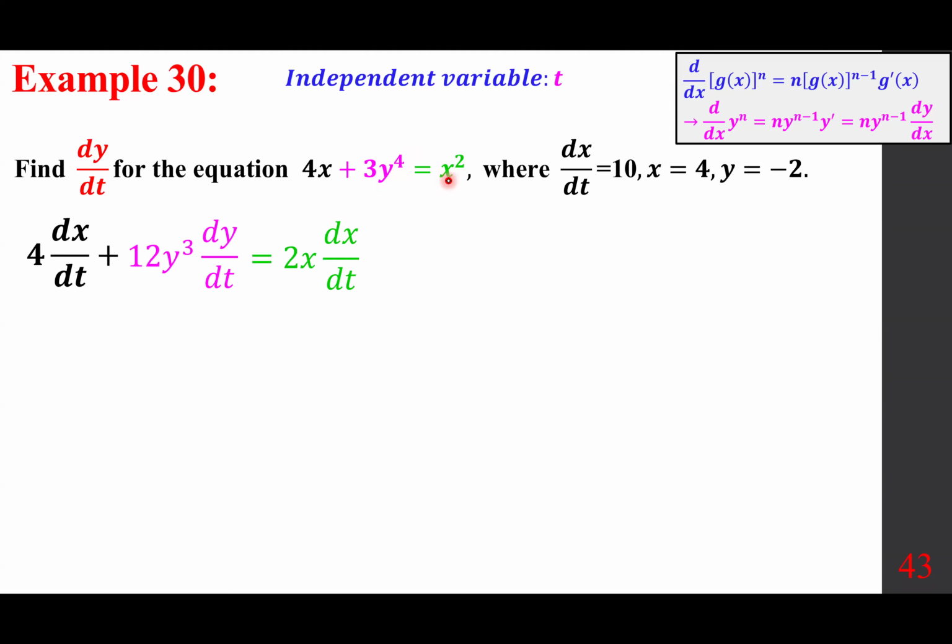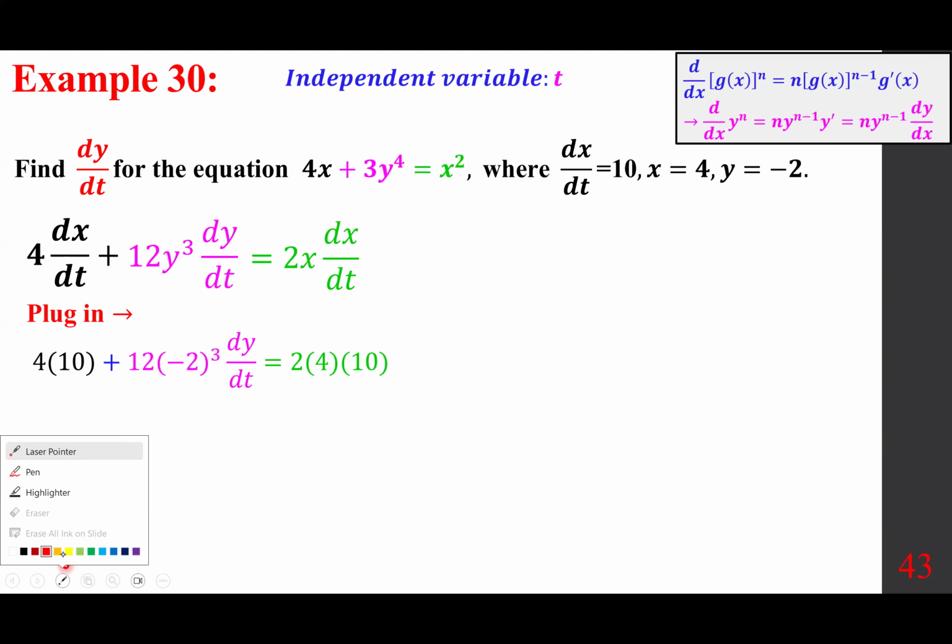Now, since we are interested in finding the value of dy/dt, really there are two ways. Just plug in, and I'm going to show you that one. That means 4 times 10, 12 times negative 2 cubed, dy/dt missing in action, 2 times x is 4, dx/dt is 10. This is 40.